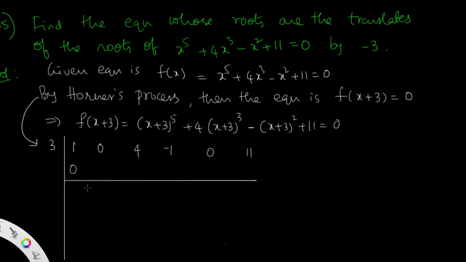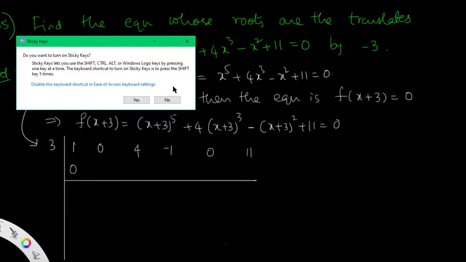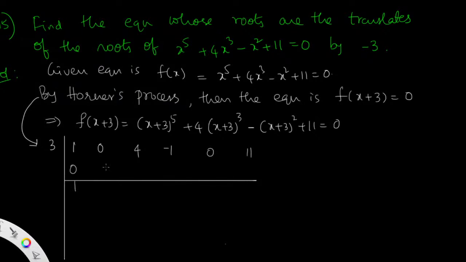Then by adding: 1; 3 times 3 is 9; 13, 13 times 3 is 39, that is 38; into 3 is 114. Adding 114 into 3: 3 4s are 12, and we get 353. This is the remainder.